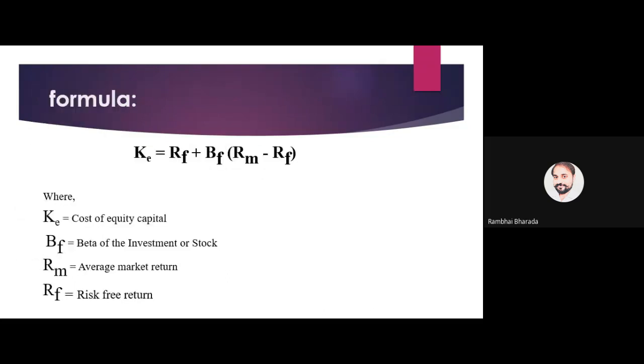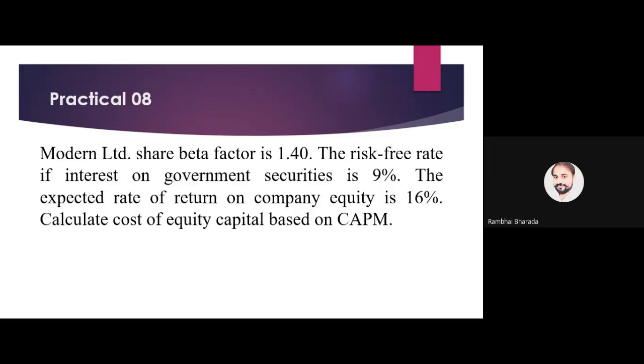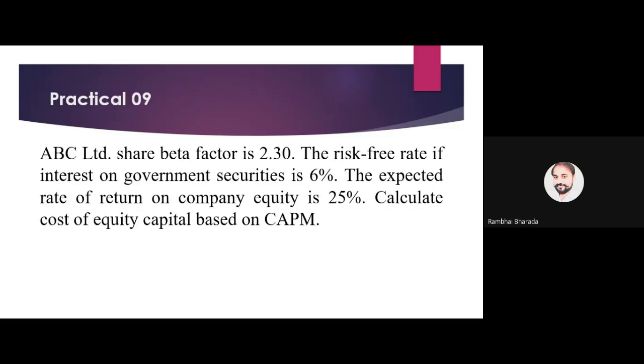The formula is very simple: Ke is equal to RF plus beta in brackets RM minus RF. Here RF stands for risk-free securities, beta stands for beta factor, meaning risk in the business, and RM stands for market return, the average market return. And we have done two more practical questions about the same.